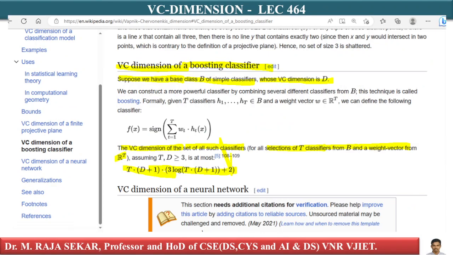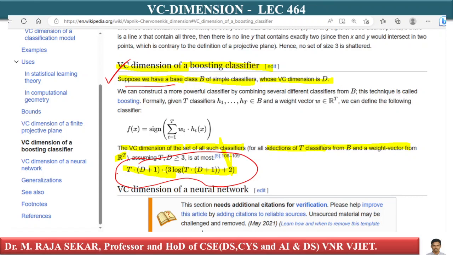For example, you will see for boosting classifiers like gradient boosting classifier, suppose we have a base class B of simple classifiers whose VC dimension is D. The VC dimension of the set of all such classifiers has a formula: T times (D plus 1) times (3 log of T times (D plus 1) plus 2). What is this T? T is the number of base models, and each base model has VC dimension D.